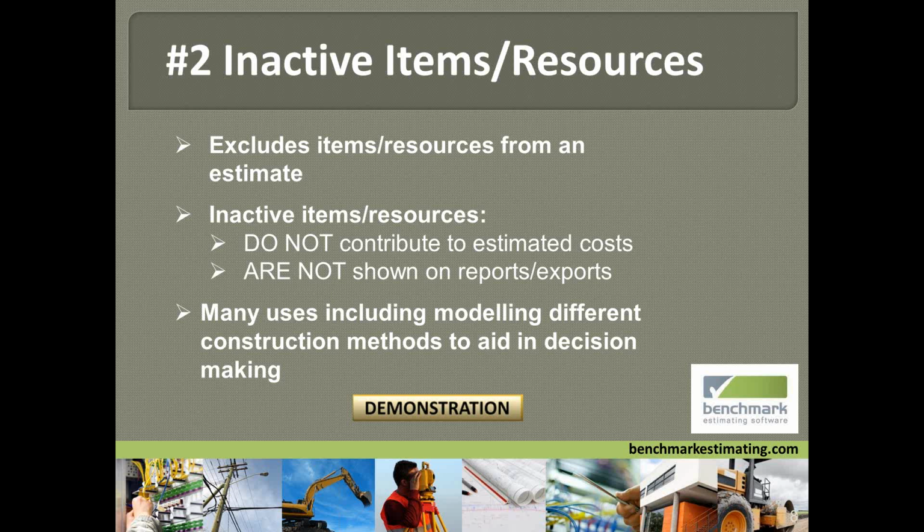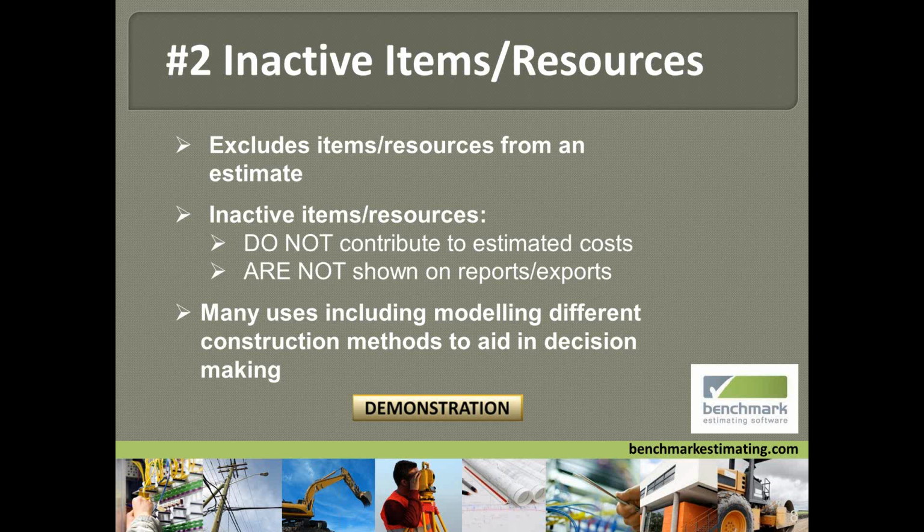Many uses. This feature, as for most of our features that we add, is completely driven by our customers. The main use of this is that a lot of our customers wanted to model different construction methods for particular items in a bid.